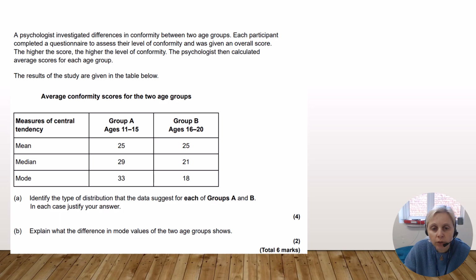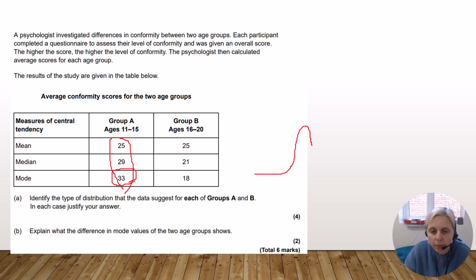The kind of question you can get on this is a table like this, giving you mean, median, and mode. And you can see here, you've got mean, median, and mode, and you can see that the mode is higher. That means that we've got that profile where it peaks higher up.